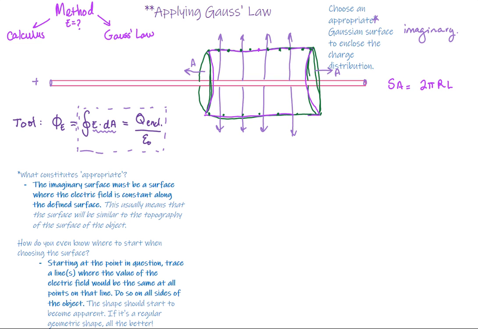So next, we're going to define the charge density as uniform or non-uniform. Okay, that's the charge density of the charge distribution, and then write an expression for the enclosed charge.